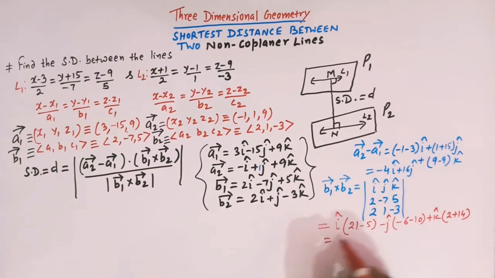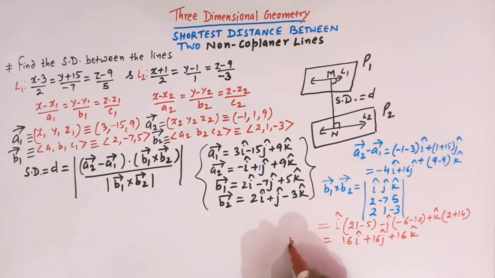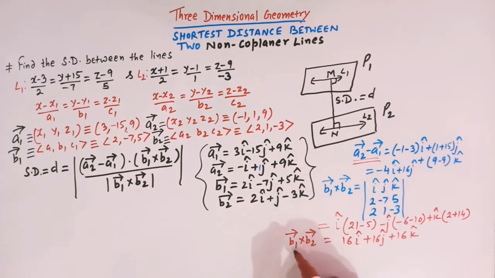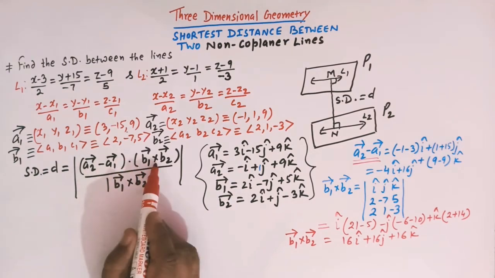So now we have 16 i cap plus 16 j cap plus 16 k cap. This is the vector b1 cross b2. Now we have obtained a2 minus a1 and b1 cross b2, and we have to find the dot product of these two vectors.